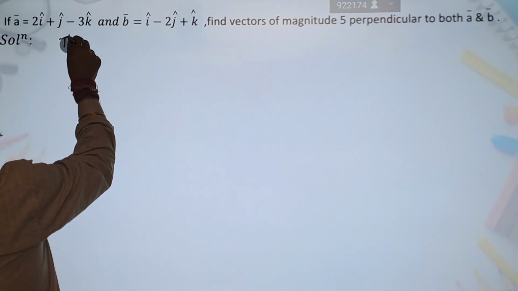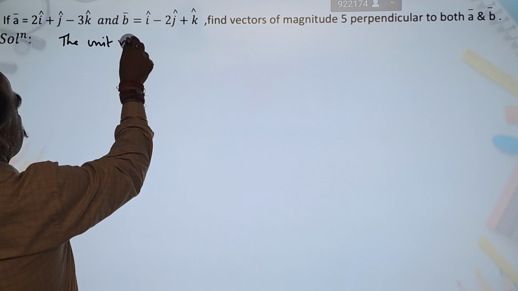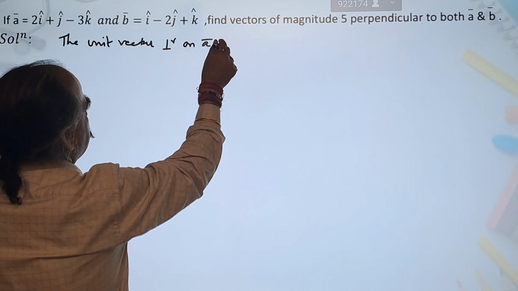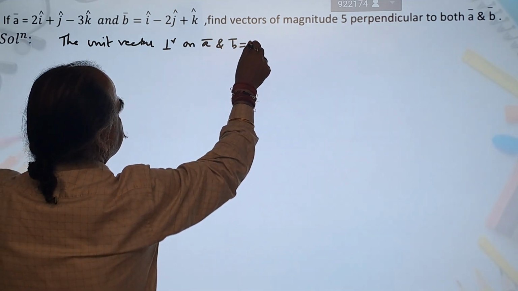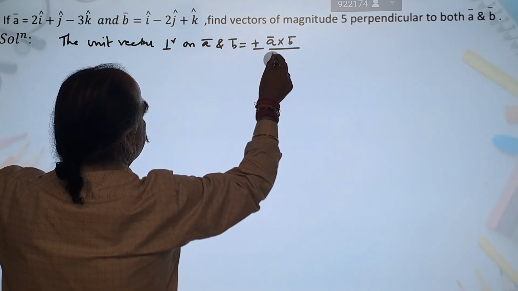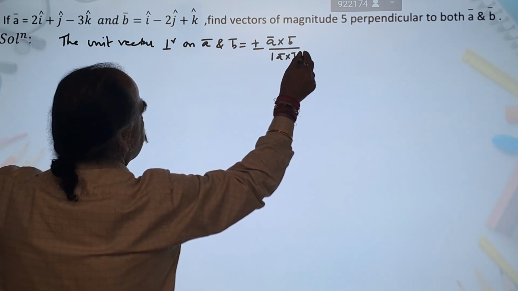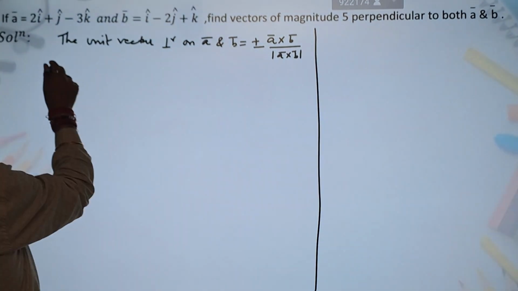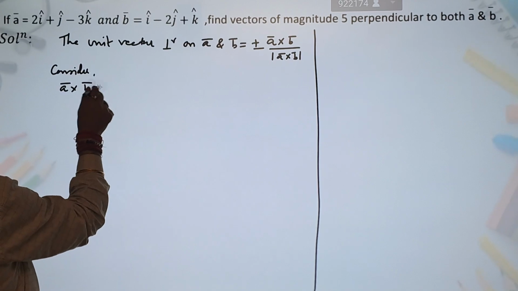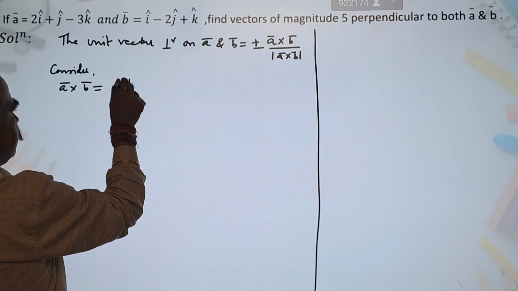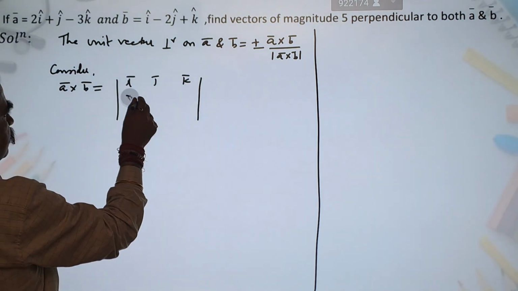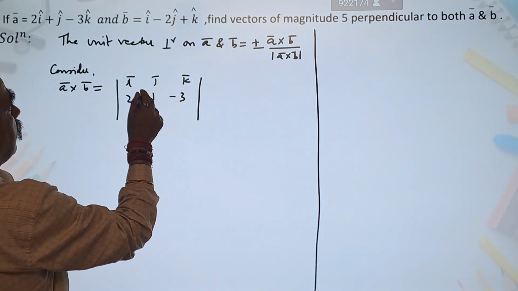The unit vector perpendicular on A bar and B bar is equal to plus minus A cross B upon mod A cross B. Consider A cross B. Determinant ijk, 2, 1 minus 3 and 1 minus 2, 1.